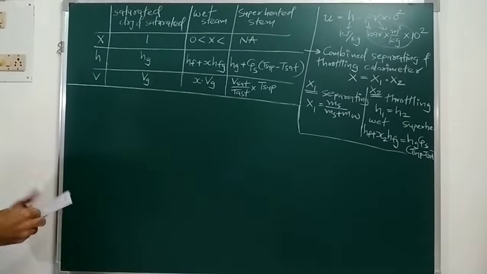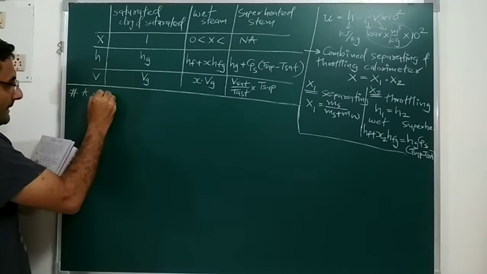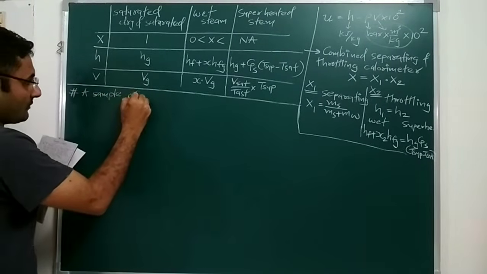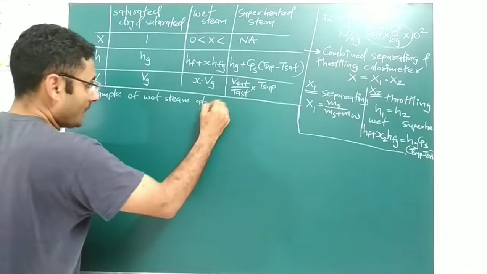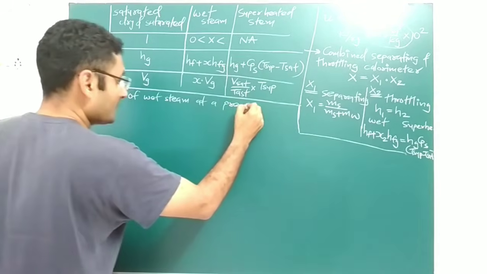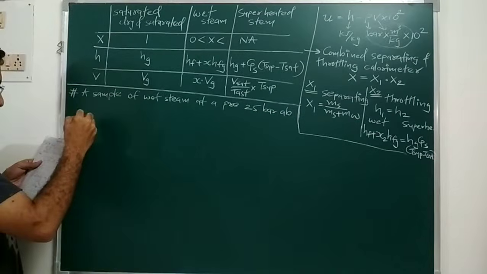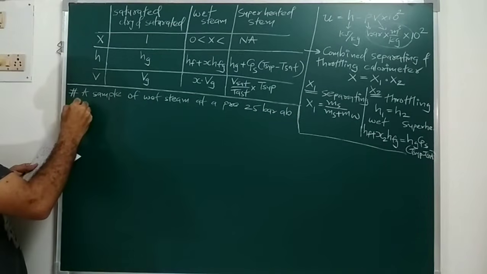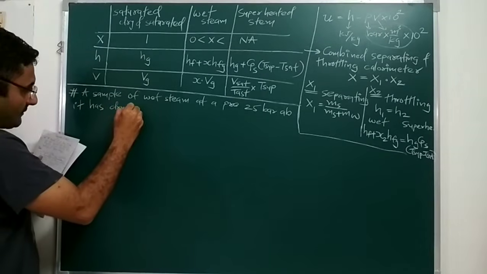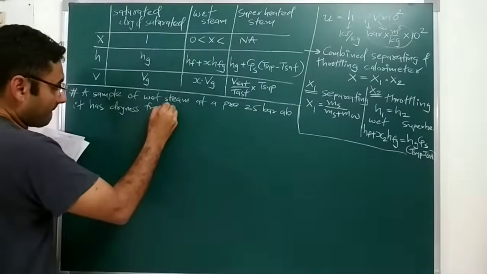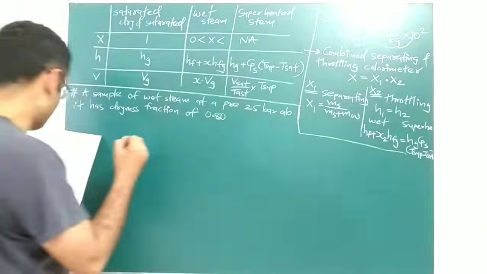So I will take the first numerical. The numerical is: a sample of wet steam at a pressure of 25 bar absolute has a dryness fraction of 0.80.